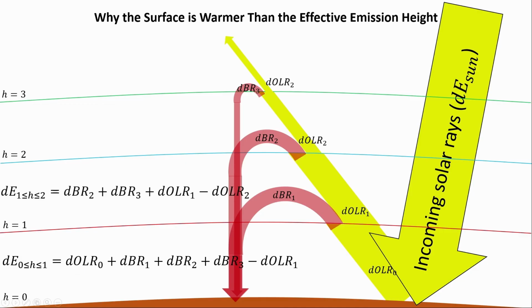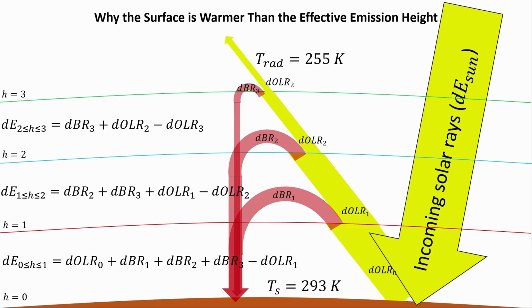Then when we get to this one, we have this extra back radiation 3 right here as well, so we're getting more energy in right there, so that will also be warmer. And then up here we have the back radiation from 3, but also the OLR coming from the layer below it. Subtract the OLR from the top right here, because that is energy escaping back into space.